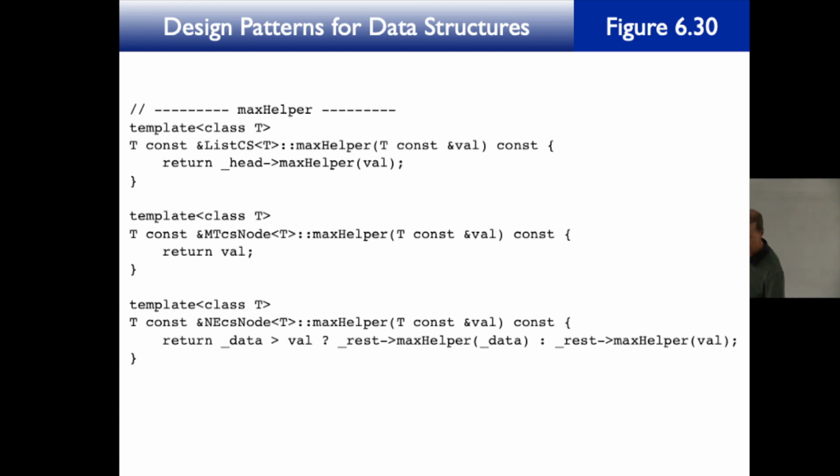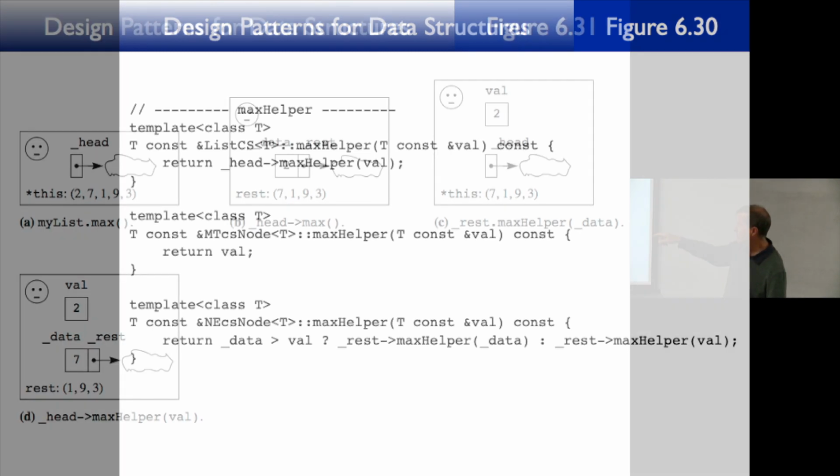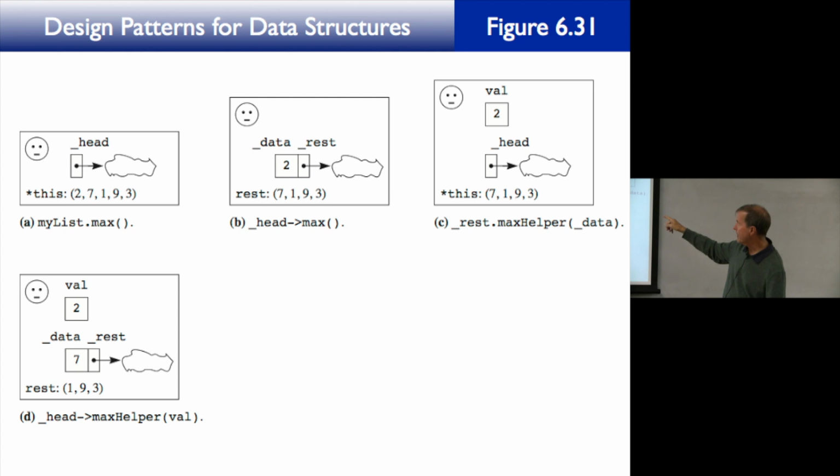So it passed that value on, okay? So it's going to pass that value on, and now the next environment is going to be a node. So here's the node. What does a node have? It has an underscore data and an underscore rest, along with that value that got passed along. Does everybody see? Is everybody clear on that?